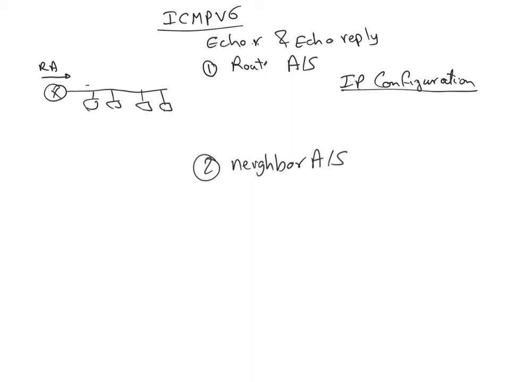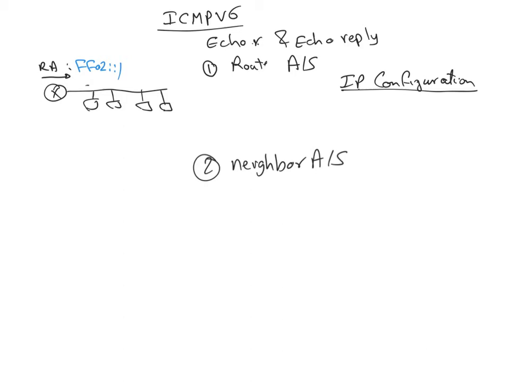There's no broadcast in IPv6. It's called all-node multicast, and the address specifically is FF02::1.